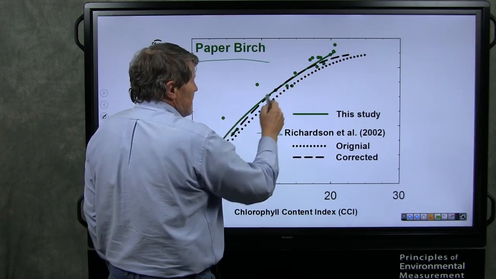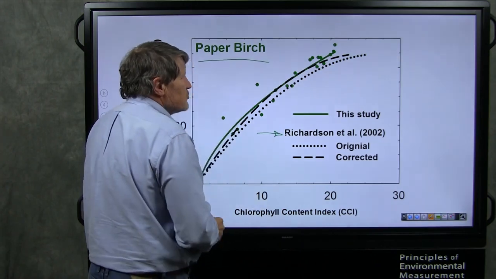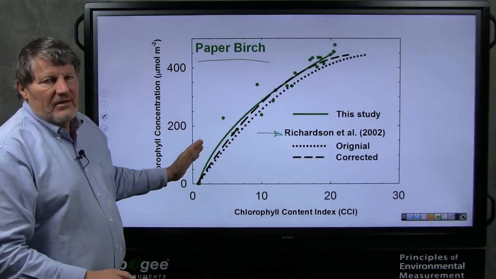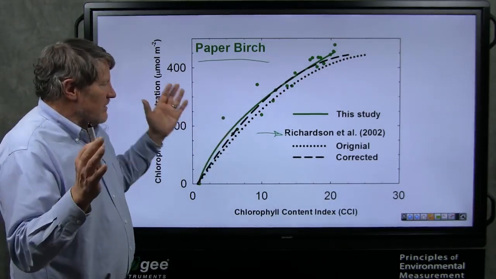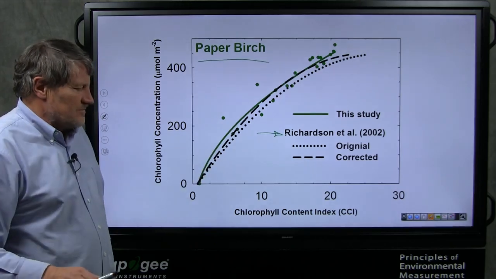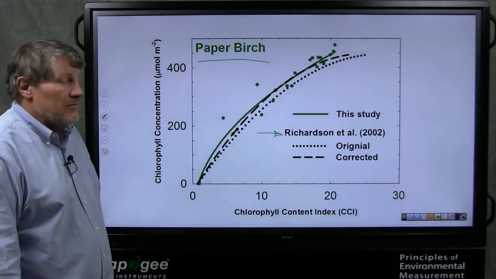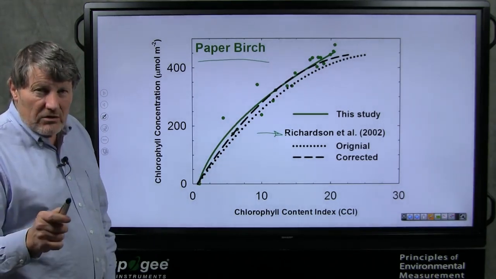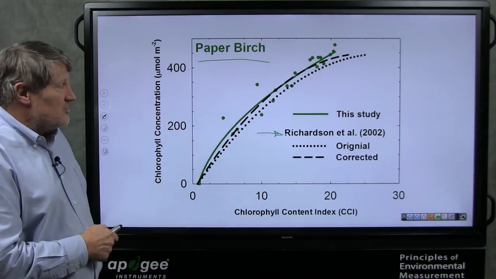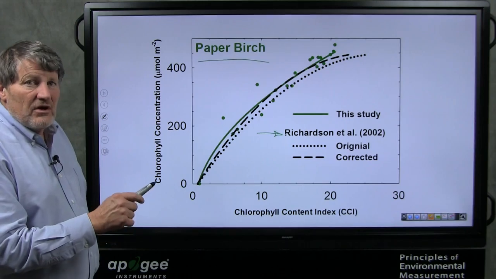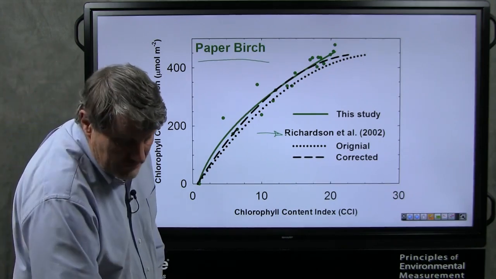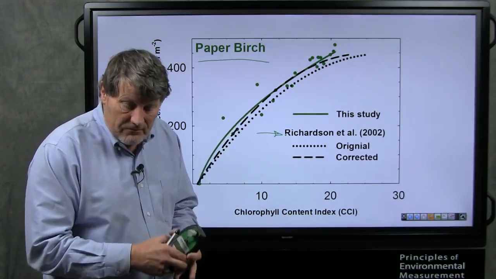When we plotted this against Richardson's data, we get virtually the same line. That helped convince us that this procedure is robust across time and space and species. Once we get a curve for a species, that is the curve for that species. And that allowed us to take the curves we developed and put them into the software of this meter.